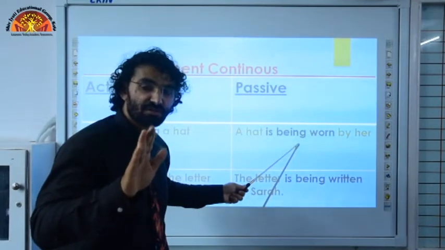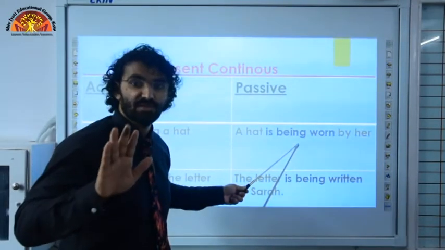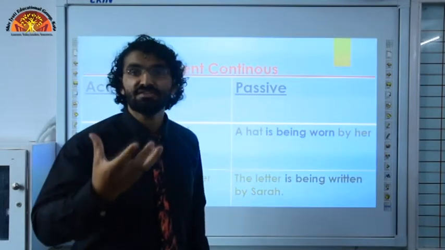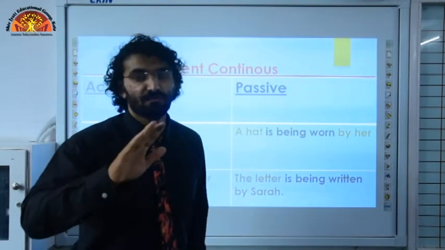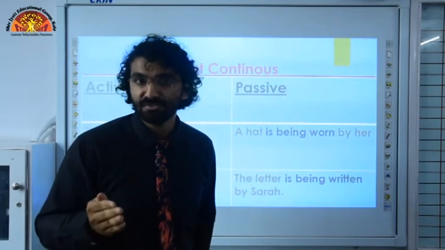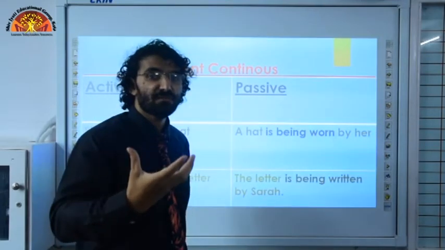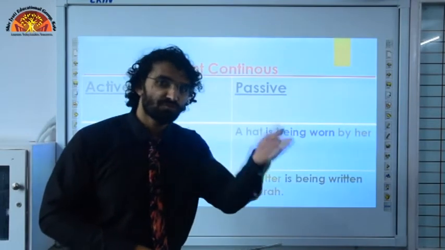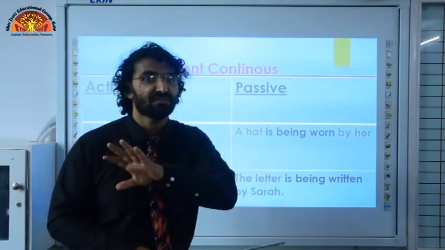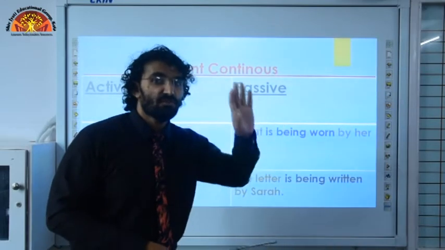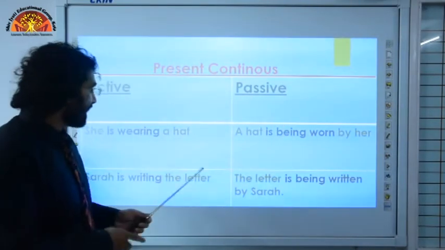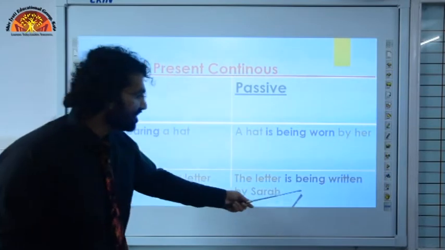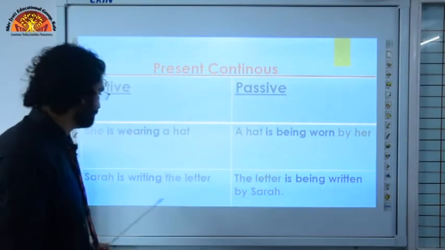This is very important. Never forget this. When it is about present continuous tense, obviously then we will have ing forms. And how do we replace ing forms? When we are converting sentences from active to passive, we bring in being, okay, to replace ing forms of verb.